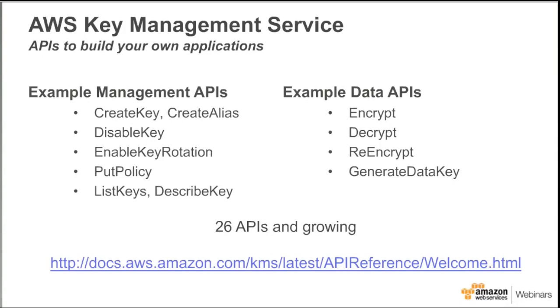If you need to encrypt specific data inside a copy of your database running inside EC2, you can use KMS directly to generate data keys, to submit data directly to KMS. You can manage keys through the management APIs. A full list of the APIs and the documentation for KMS is at the link below.